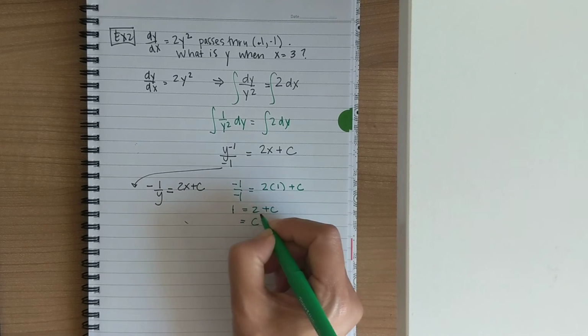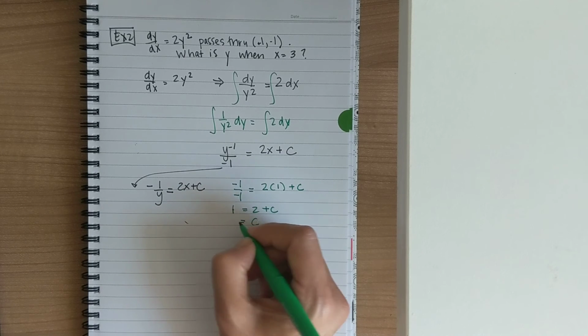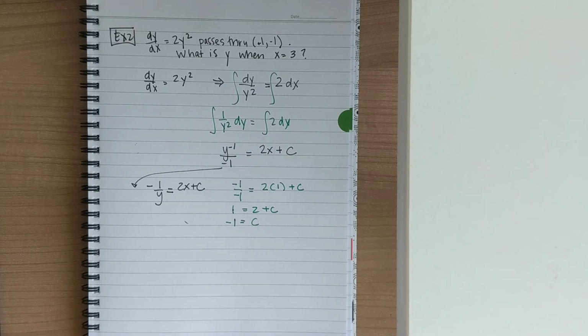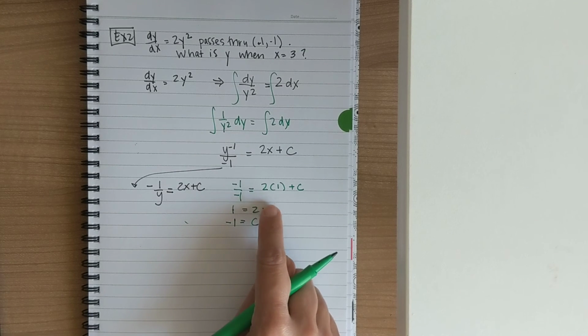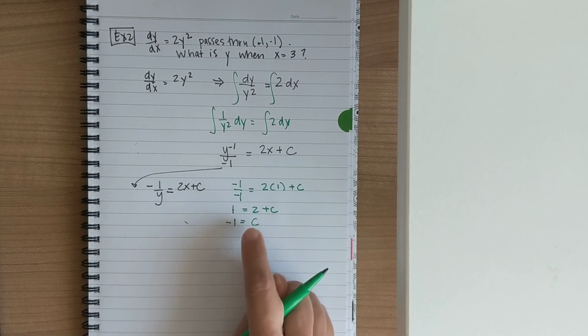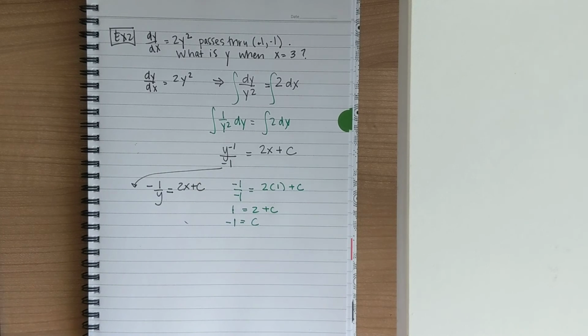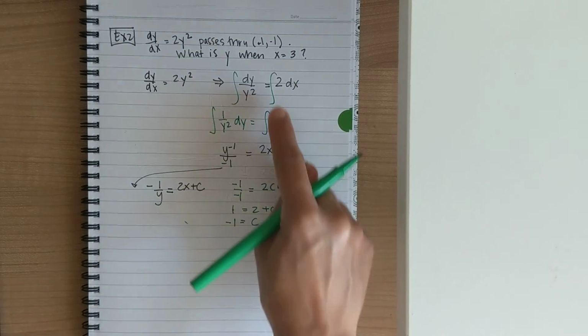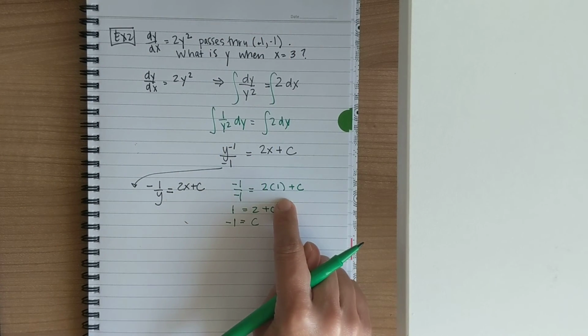So c has to equal negative 1. My solution here says 1, so I'm thinking if I did something wrong. 2 times positive 1. I think this is right. Okay, so now negative 1 over negative 1 equals 2 times 1 plus c.